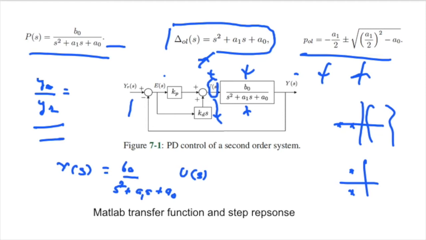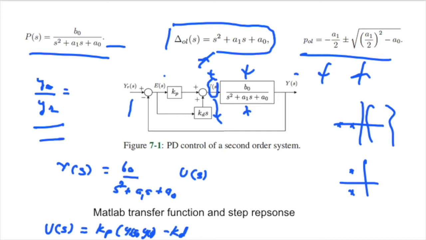U of S is made up of two parts. One is Kp into YR minus Y, where everything will be in S here, and minus Kd into Y dot.